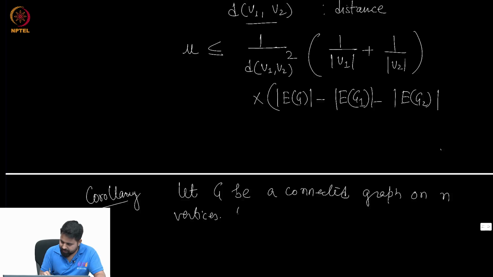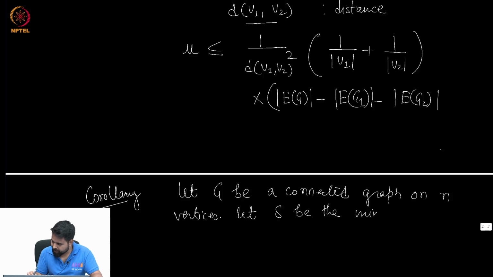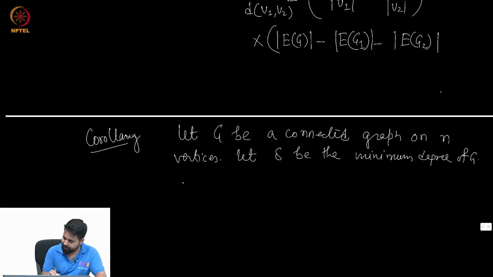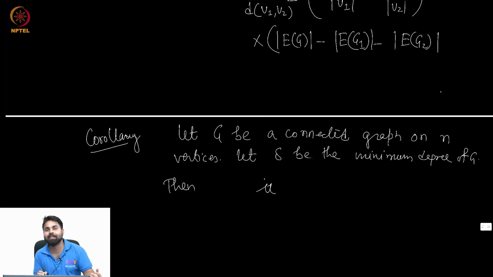Let delta be the minimum degree of G. Then we can establish that mu, the algebraic connectivity, is always less or equal to n divided by n minus 1 times delta.